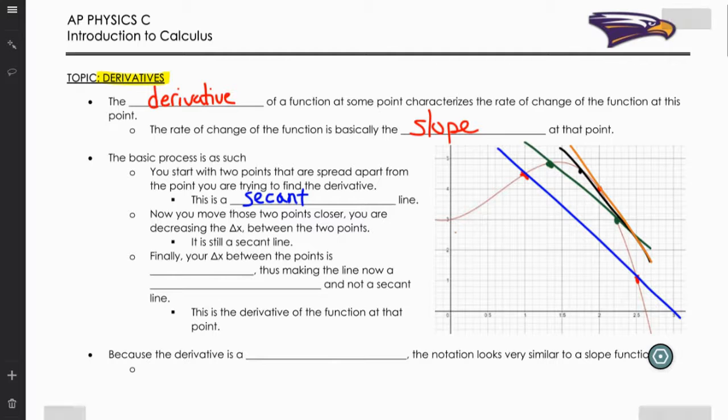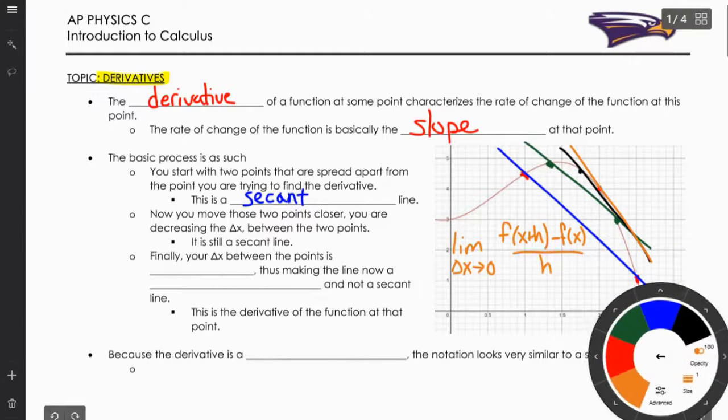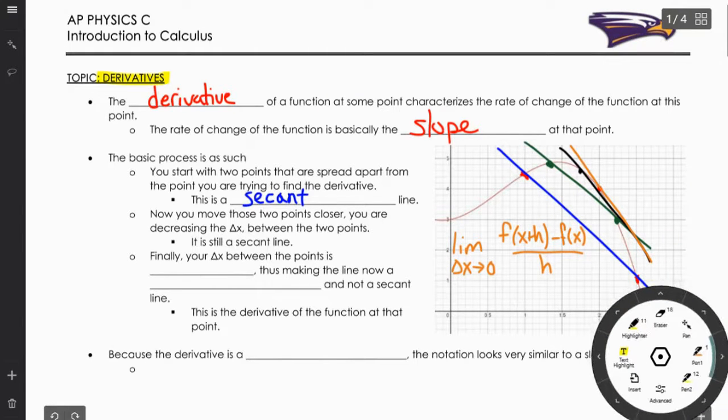In math, what we say is the limit as delta x approaches 0 of our function, and there's this whole big expression: f of x plus h minus f of x over h, or sometimes we'll say delta x or delta h. In fact, we'll have to use the delta x notation because that's what we use in our limit.